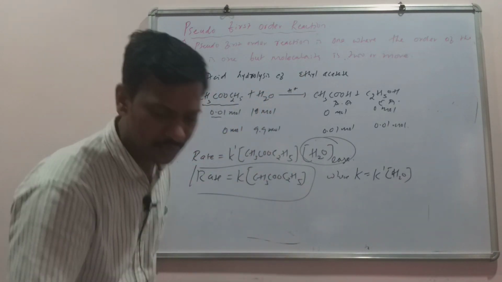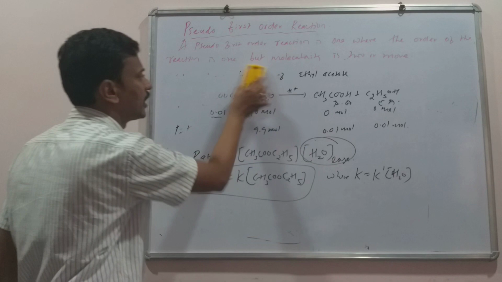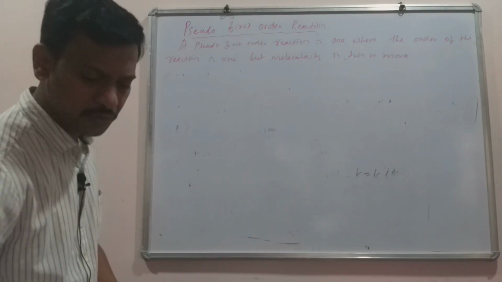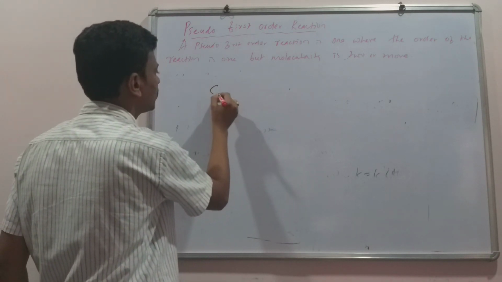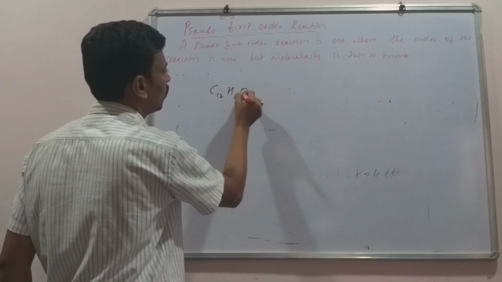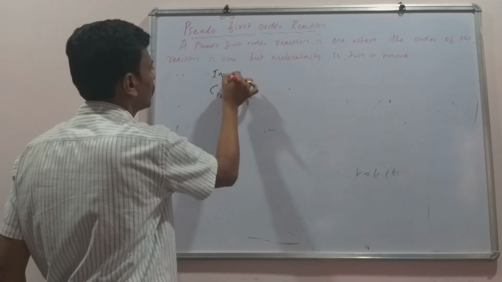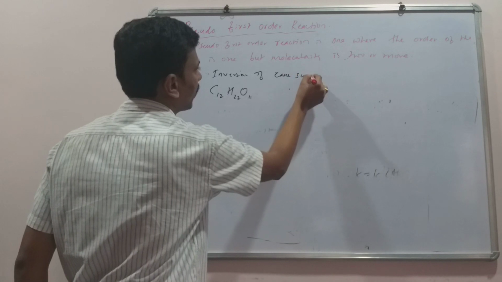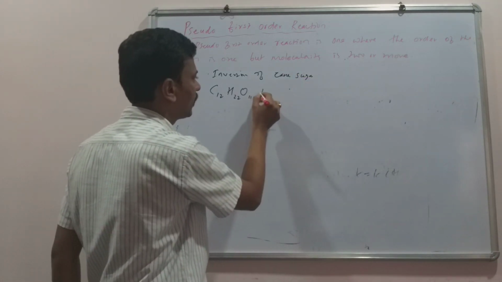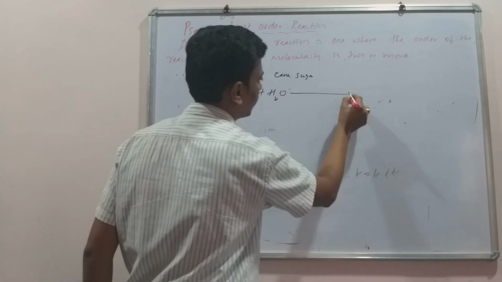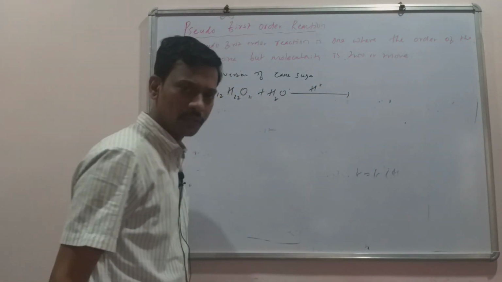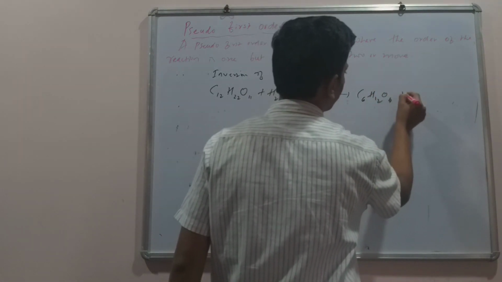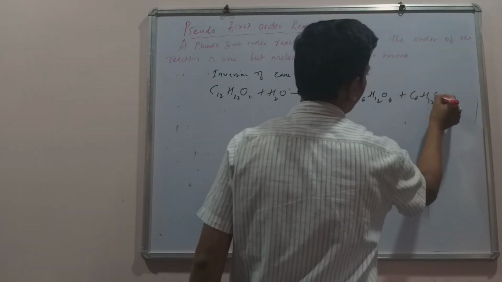One more example I will write here: inversion of cane sugar. The reaction is C12H22O11 plus water, which is in large excess, again in the presence of acid, gives C6H12O6 plus C6H12O6.